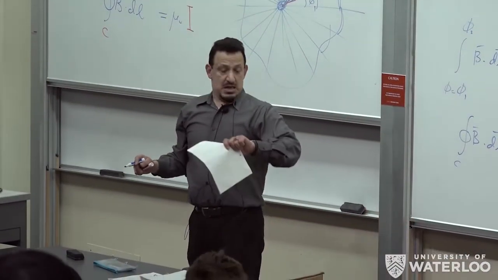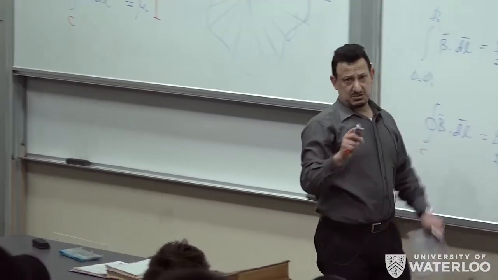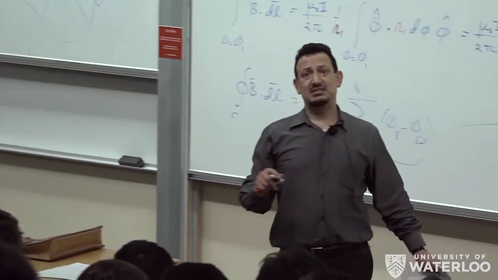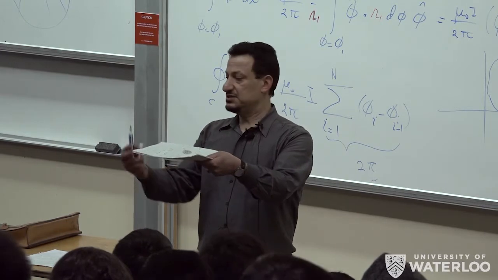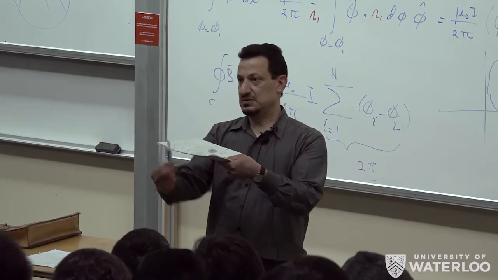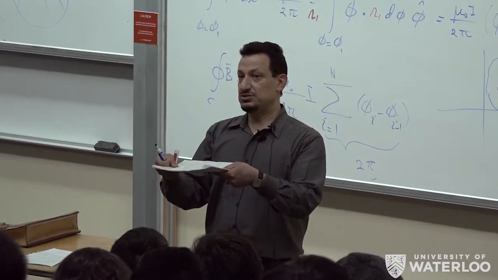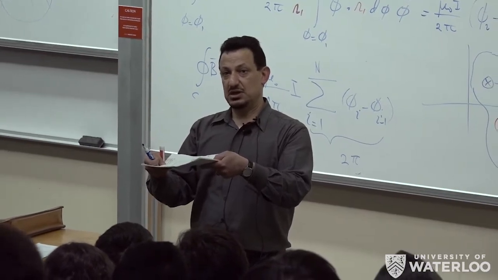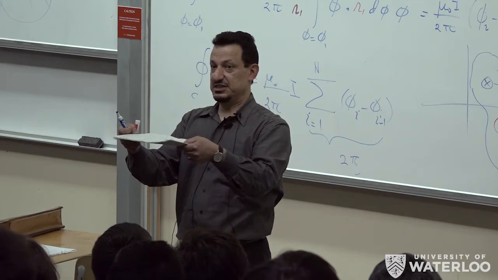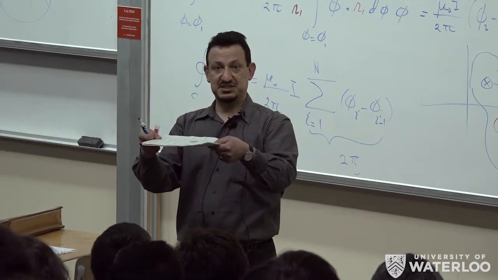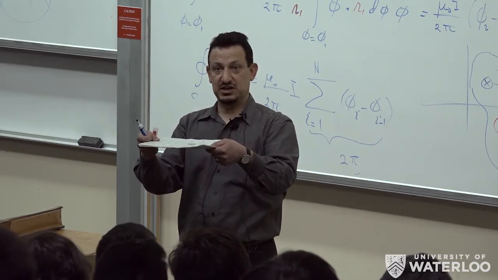Okay? You see, what if, just hold on one second, what if I had a plane like this with a current piercing it, okay? But I were to take my contour in a plane which is slanted, not necessarily flat, not necessarily orthogonal to the direction of the current.